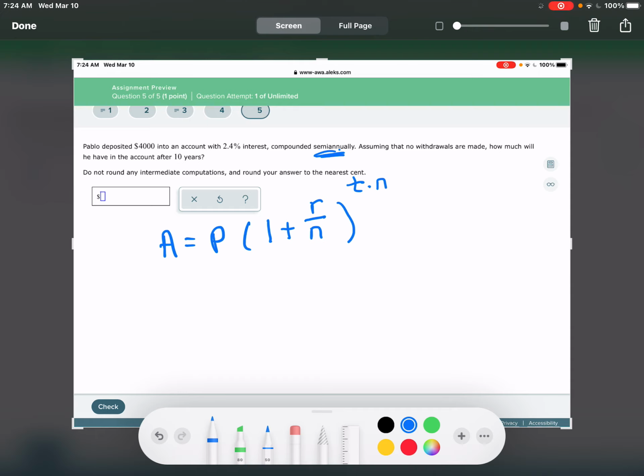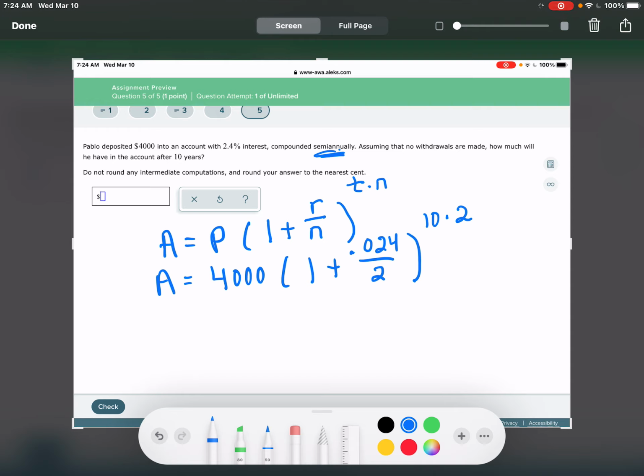So let's go ahead and fill these things in. We want to know an amount of money. We're starting with $4,000. We're going to do 1 plus the rate, 0.024, divided by twice a year, to the time, which is 10 years times 2 payments every year.